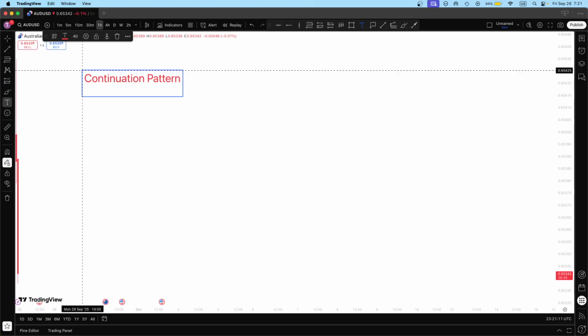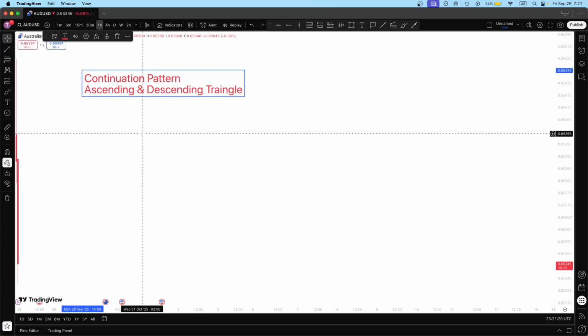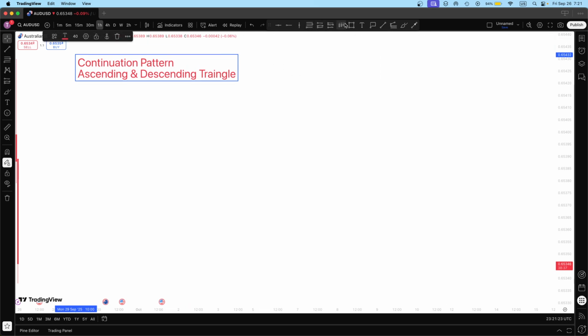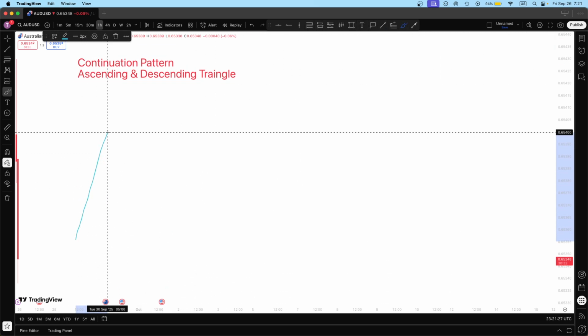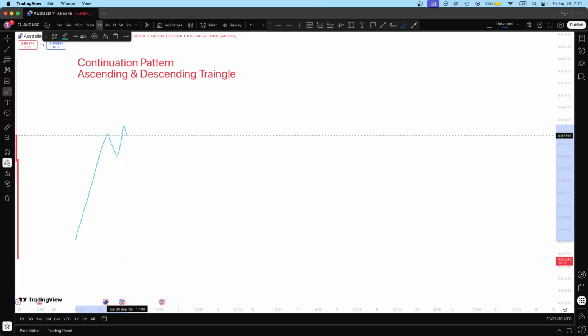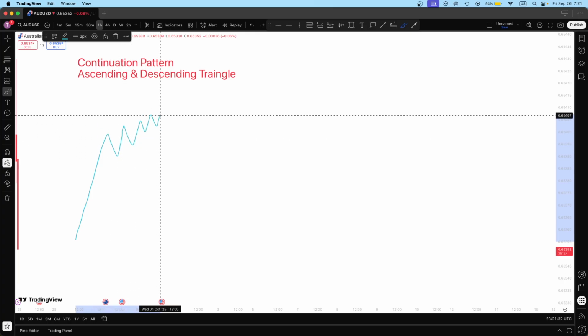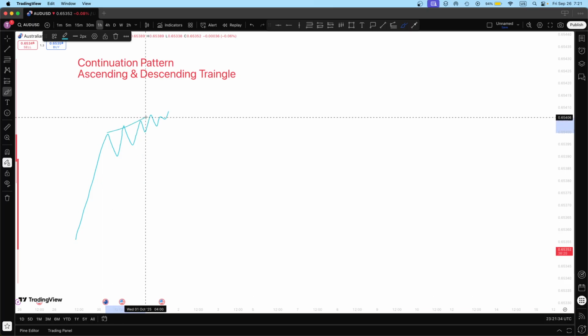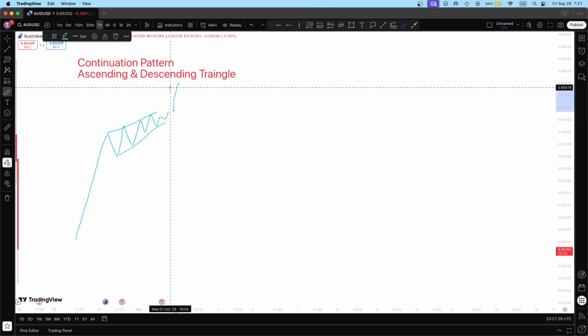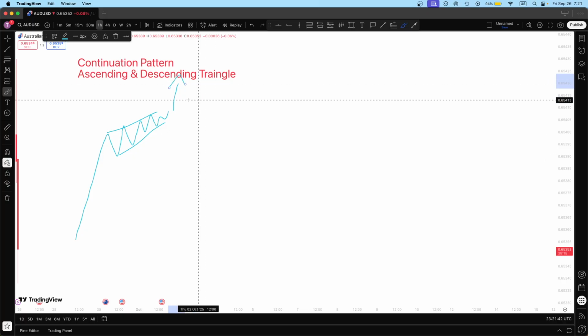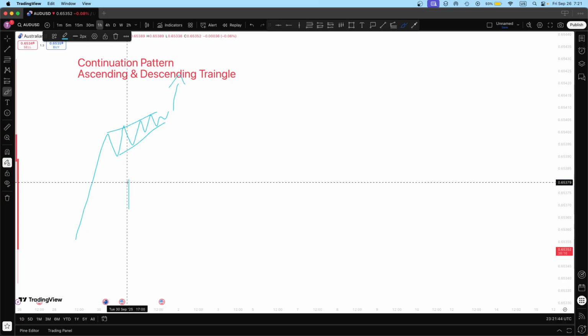We have ascending and descending triangles. This pattern is something like this, where the market goes up, and then the corrective is around like this. It's ascending up. This corrective structure is going up, so that's why they call it an ascending triangle. And this is for bullish.